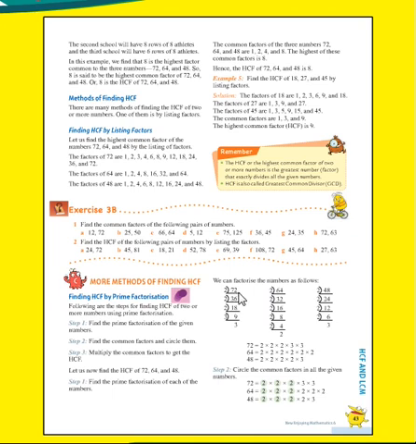How can we find it? You see here. 72 divided by 2 is 36, 36 by 2 is 18, 18 by 2 is 9, and 9 is 3 times 3. These 2, 2, 2, 3, 3 are the factors of 72, right? Now the next number is 64. 64 by 2 is 32, 32 by 2 is 16, 16 by 2 is 8, 8 by 2 is 4, 4 by 2 is 2, right?